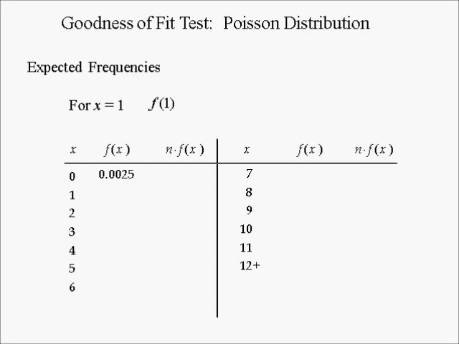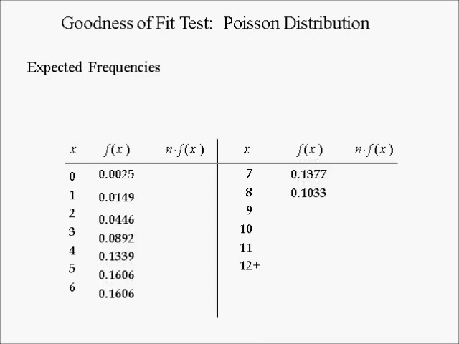Okay. Now for x equal 1, we plug in 1 for x, 6 to the 1, divided by 1 factorial, times e to the minus 6 is 0.0149. The rest of the probabilities are computed in a similar way. Now, I should note that this probability here was found by adding up these probabilities up to x equal 11, then subtracting that total from 1.